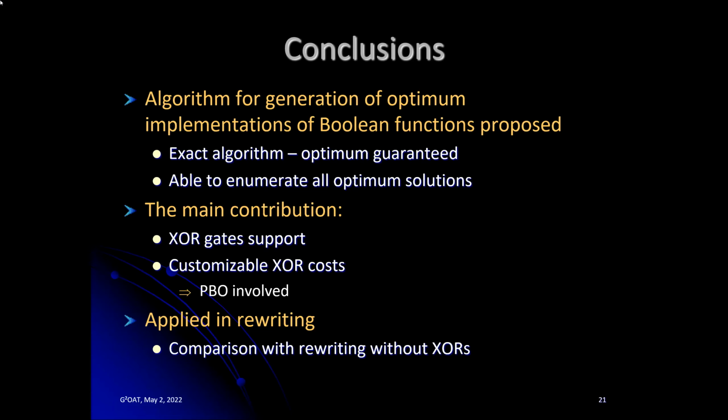So in order to enumerate, say, functions up to four variables, it pays off. You can generate all implementations of all, say, 4-input functions in a reasonable time, and the resulting size is reasonable, as I said, megabytes. If you move to 5-input functions, it's not feasible anymore.